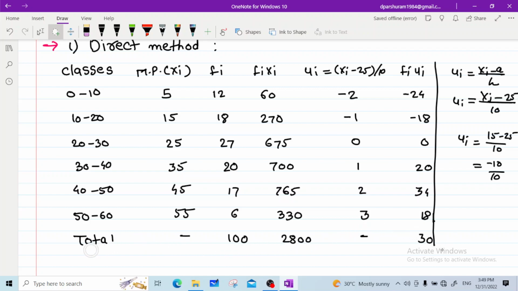Okay. Now we write the formula x bar is equal to summation fi xi divided by n, that is summation fi. Summation fi xi, that is 2800 divided by summation fi, which is equal to 100.